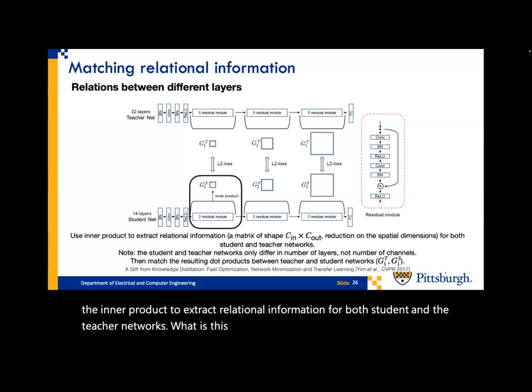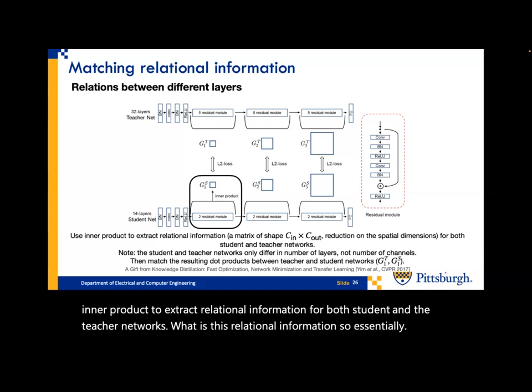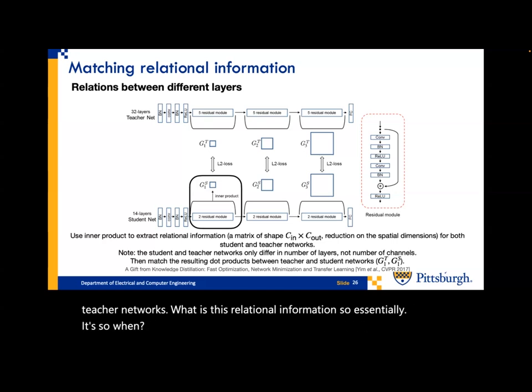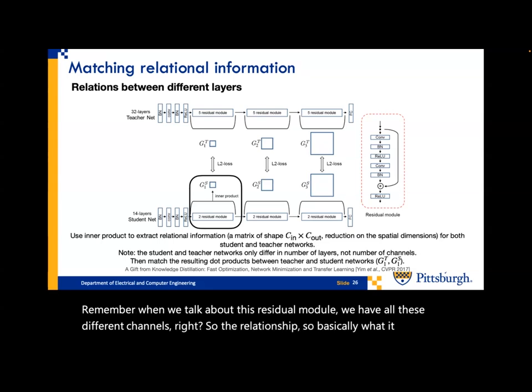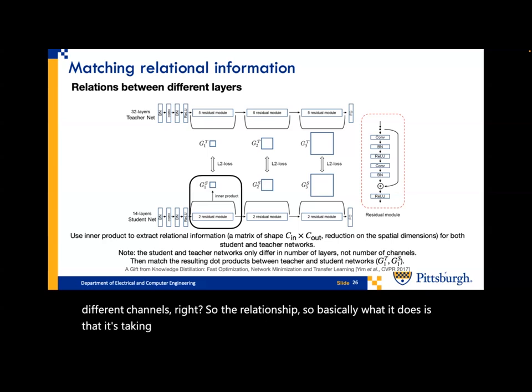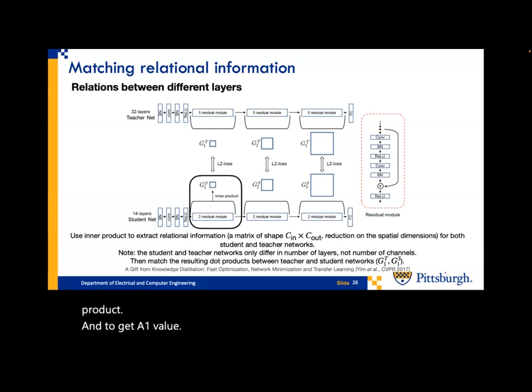Remember when we talked about this residual module, we have all these different channels, right? Basically, it takes one channel i and another channel j and does an inner product to get one value. Let's say I have 5 channels in this module, so 5 channels of the weight matrix.